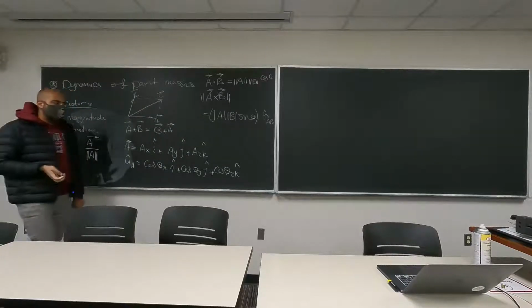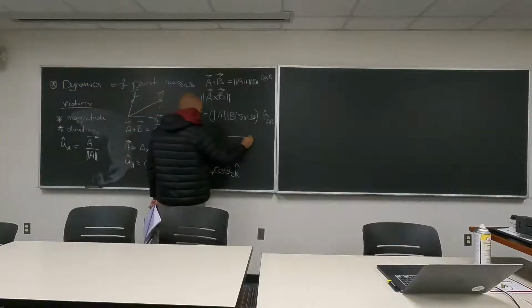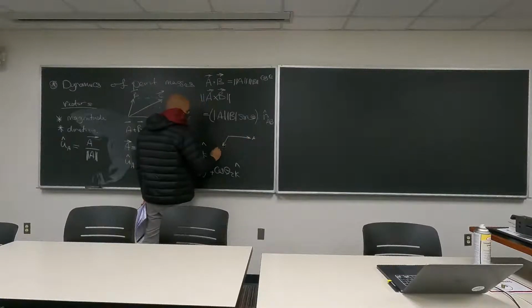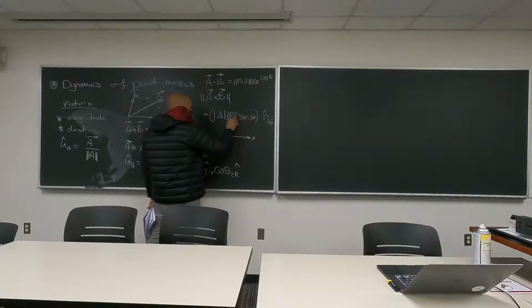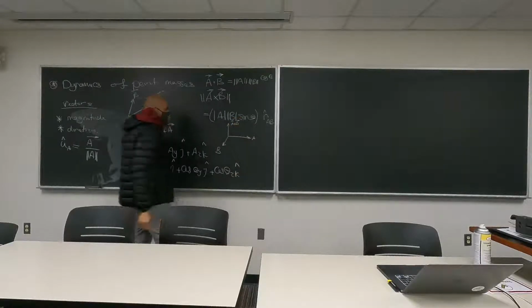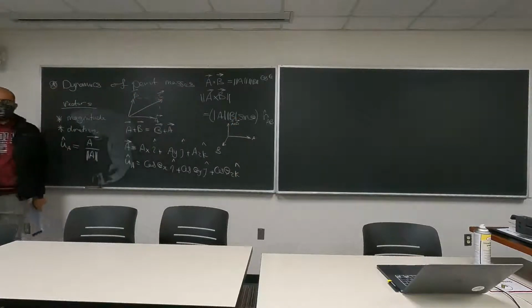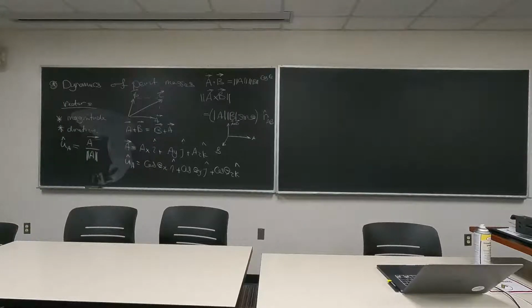So if you have vector A, vector B, A plus B will be in this direction. A cross B will be in this direction. The inner product and the outer product are also different names for these.